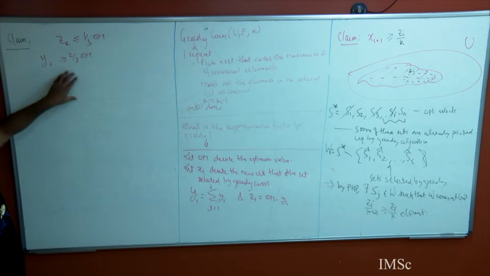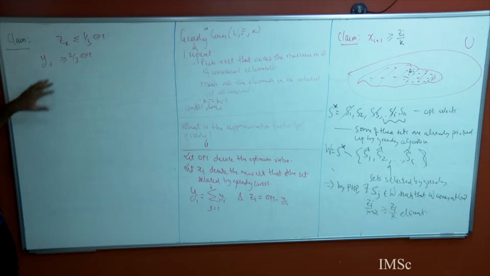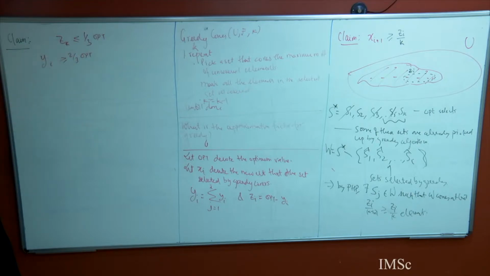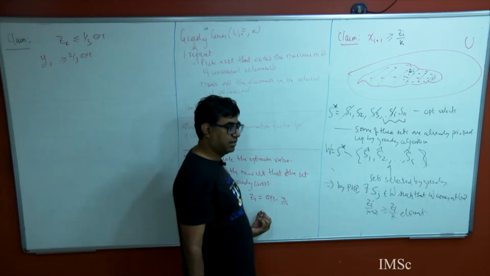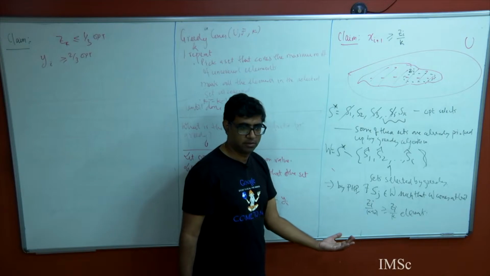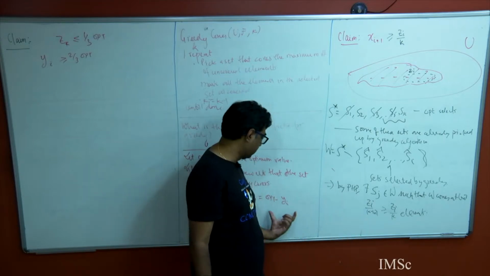It means it's like a 2/3 approximation, right? So getting an upper bound on Zk gives us an approximation algorithm. So how good an upper bound are we able to get on Zk? Agreed? Because Zk tells us how far away you are from the opt with your greedy algorithm. This is exactly what it measures.